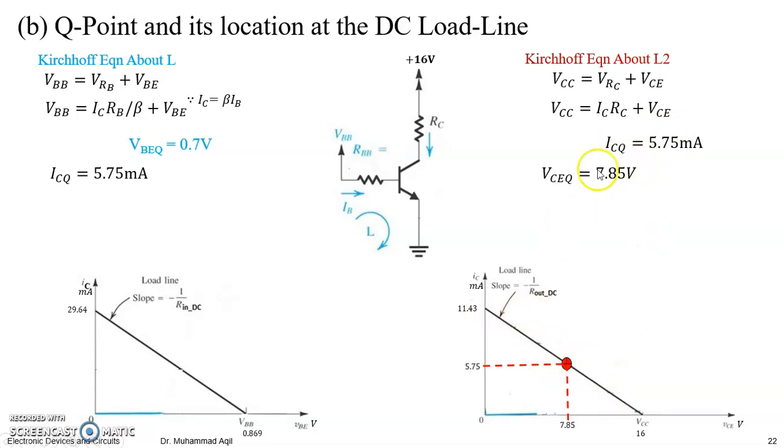It means you are doing fine. Same would be the case here, and then this current, and when you extrapolate this point, it must be at the load line. So this is how you have found the Q point and located both the Q points on the output and input load line accordingly.